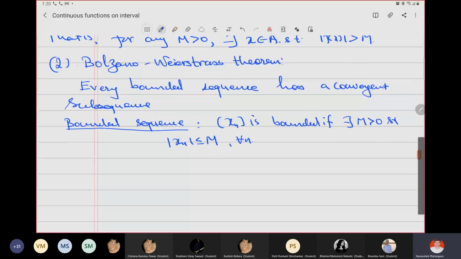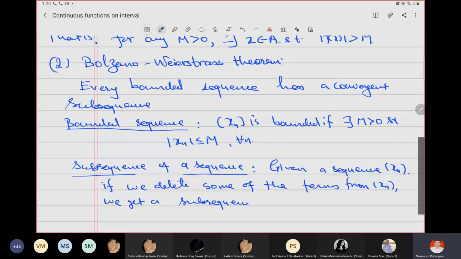You know this. And what is a subsequence of a sequence? Given a sequence, if we delete some terms from xn, we get a subsequence.